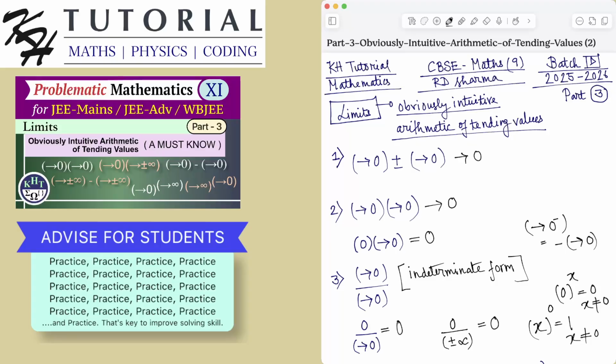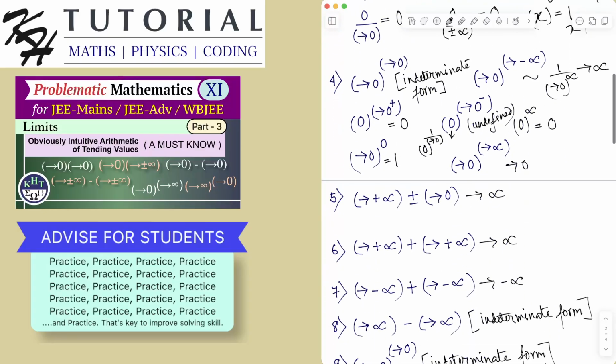in solving the problems. So for the limit, I think in the next video I will start discussing how to solve the exponential indeterminate forms, because those are very critical.